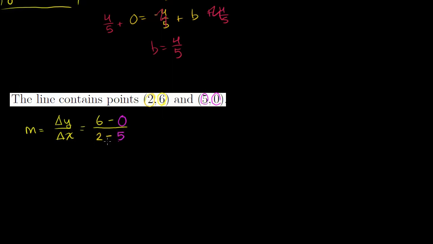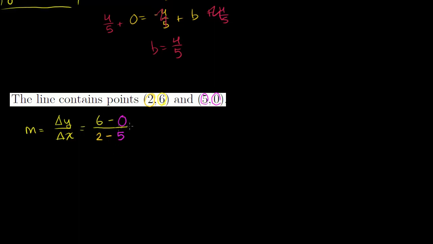The reason why I color-coded it is I wanted to show you when I used this y term first, I used the 6 up here, then I have to use this x term first as well. So this is the coordinate (2, 6). This is the coordinate (5, 0). I couldn't have swapped the 2 and the 5. Then I would have gotten the negative of the answer.